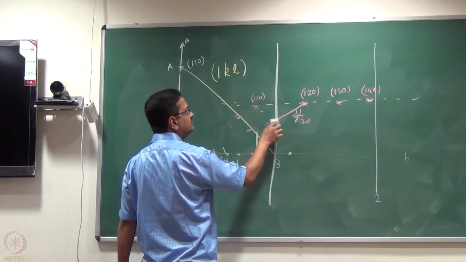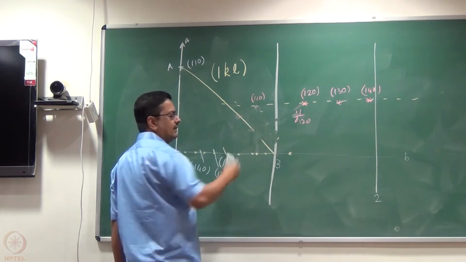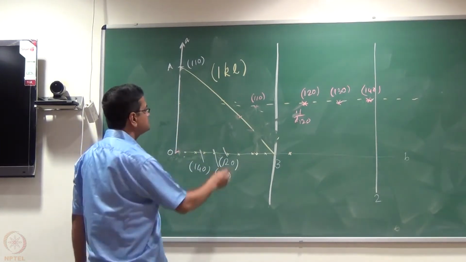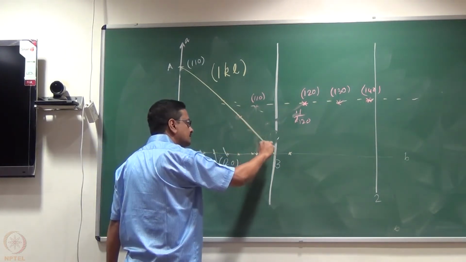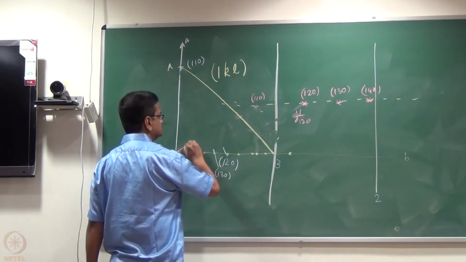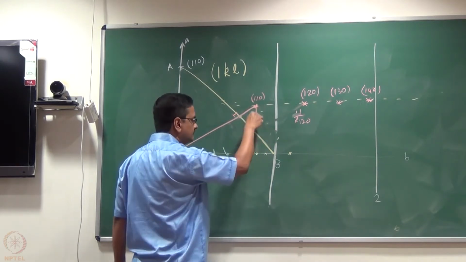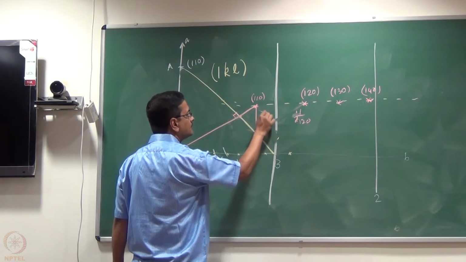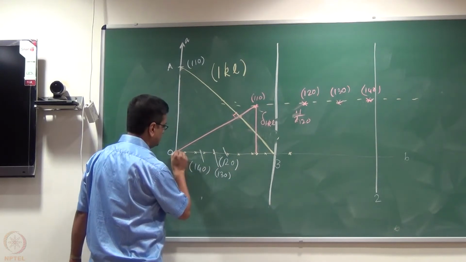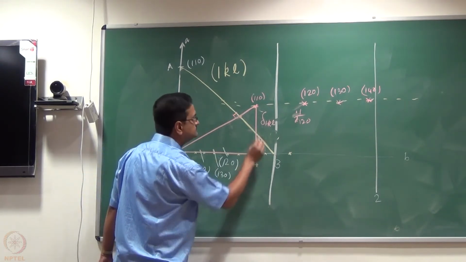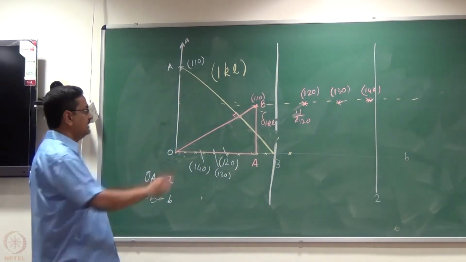So what I am doing is I am just removing the drawing which are not required. Okay, I had already B, right?